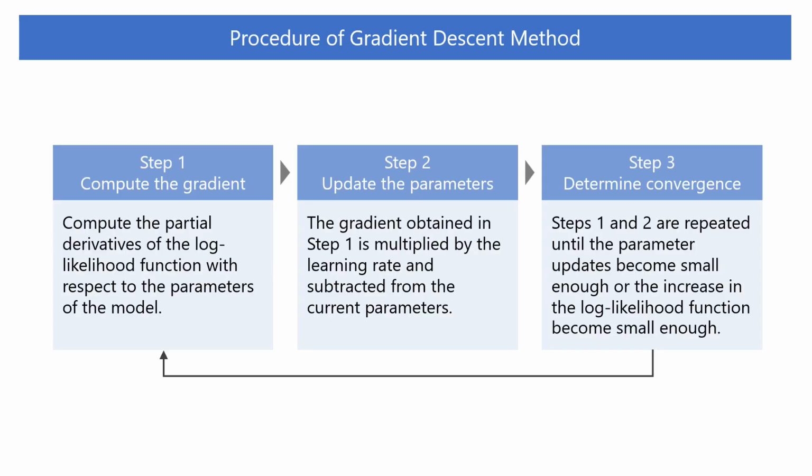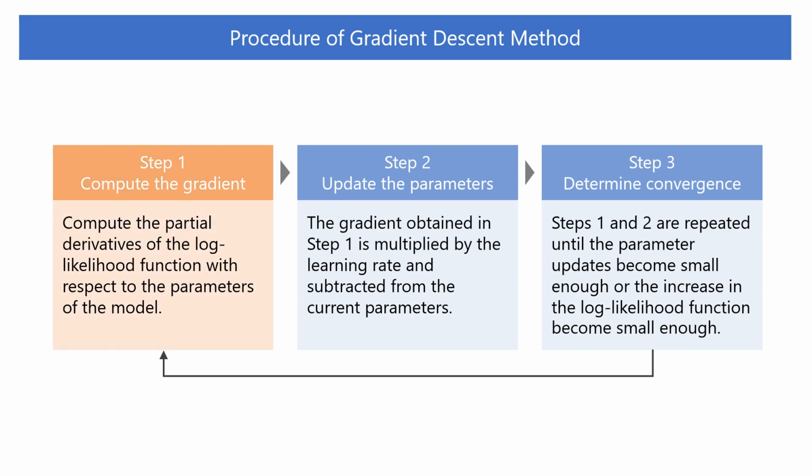As mentioned earlier, in the optimization of a logistic regression model, maximizing the log likelihood function is synonymous with minimizing the loss function. Let us outline the mathematical procedure for maximizing the log likelihood function using the gradient descent method.